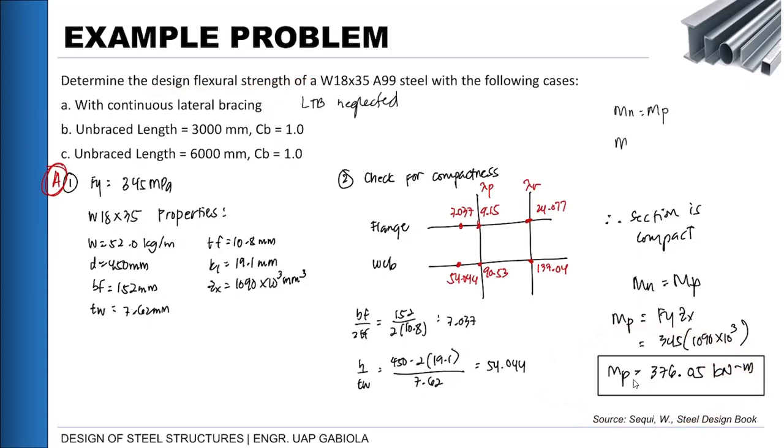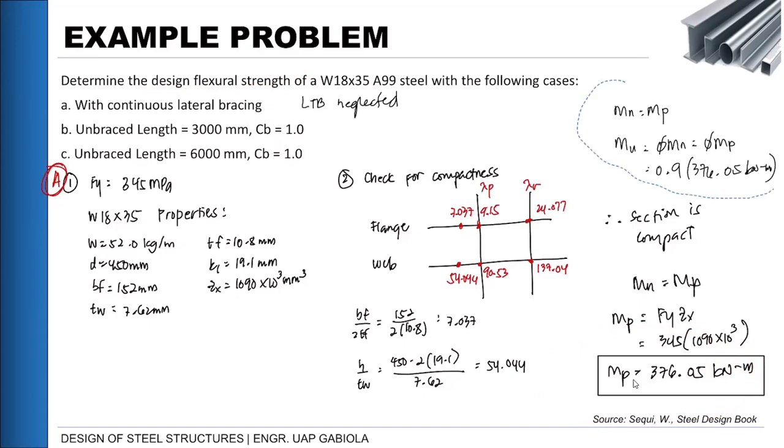But since we use the ultimate or design strength, let's use LRFD, we need phi Mn or phi Mp. So we just need to multiply that by 0.9. Mp is 376.05 kilonewton meter.